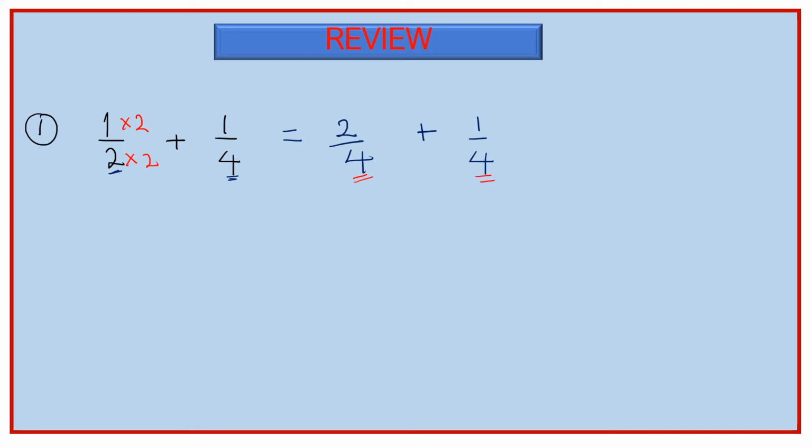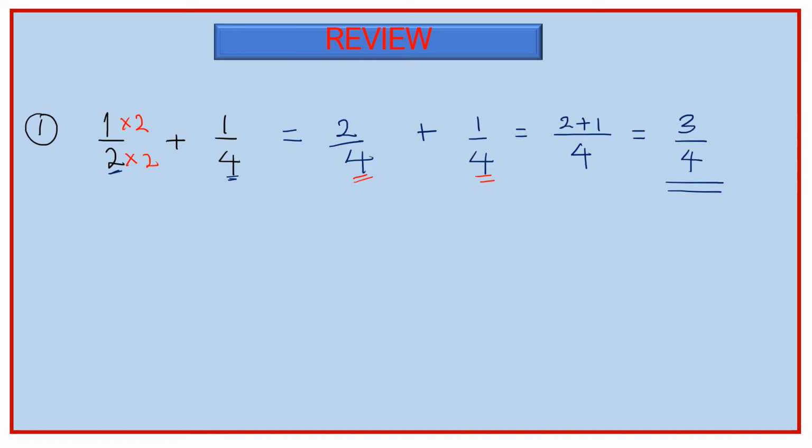Now we can have 4 and then we have 2 plus 1, and the answer becomes 3 out of 4. So you remember that is what we looked at already.